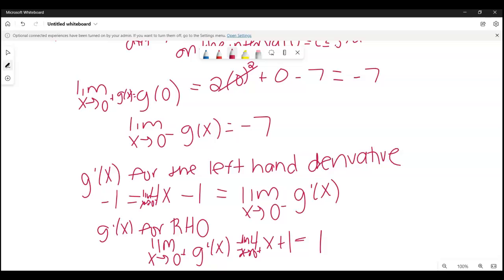So the left-hand derivative does not equal the right-hand derivative. Therefore, it's not differentiable.